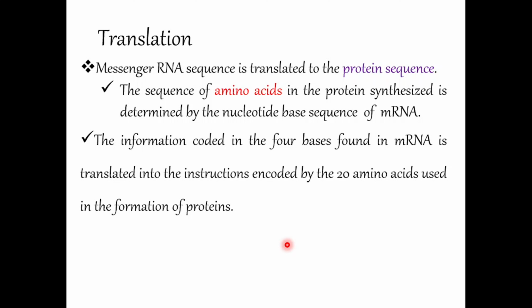So when we say translation, it is the messenger RNA sequence translated to protein sequence. The sequence of amino acids in the protein synthesized is determined by the nucleotide base sequence of messenger RNA. The information coded in 4 bases found in messenger RNA is translated into the instruction encoded by 20 amino acids used in formation of protein.